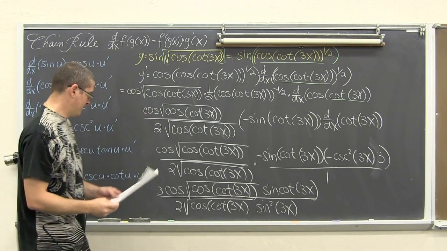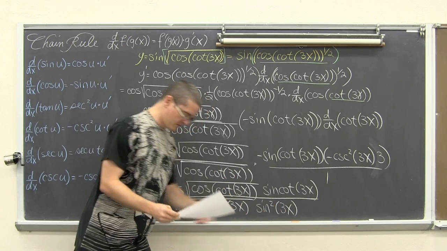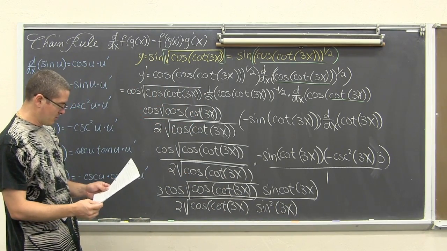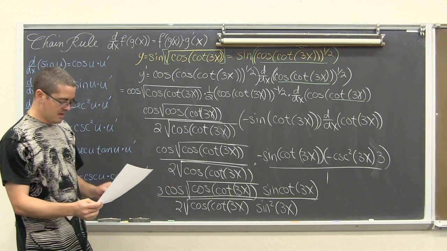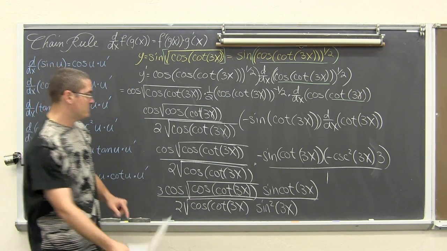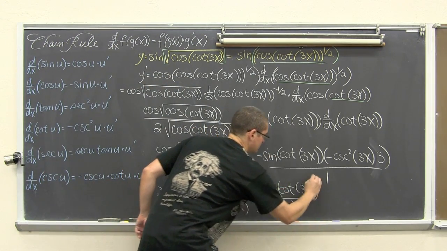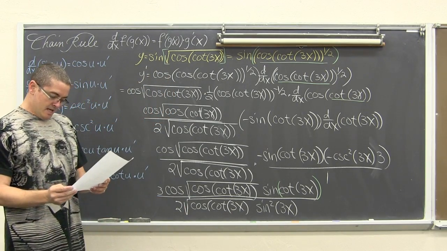We have positive, excuse me, 2 sine squared 3x. We've got the square root of cosine cotangent of 3x. On the numerator we have the 3, the cosine, the square root, cosine cotangent of 3x. We have sine of cotangent, whoops, forgot a parentheses. Not that you really need it, but I like to emphasize those angle measurements.